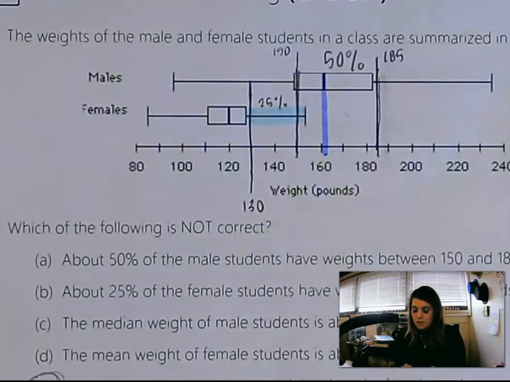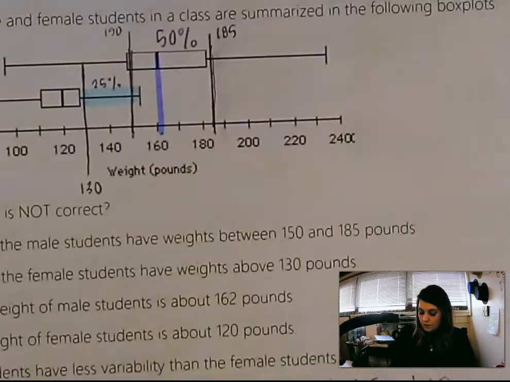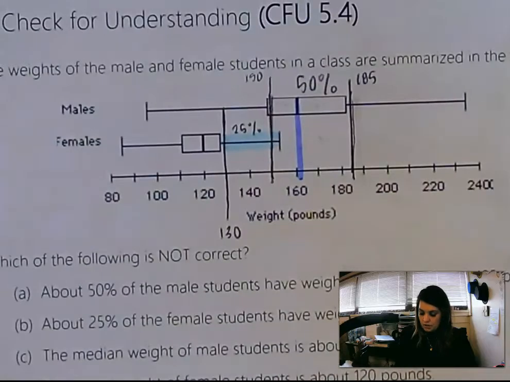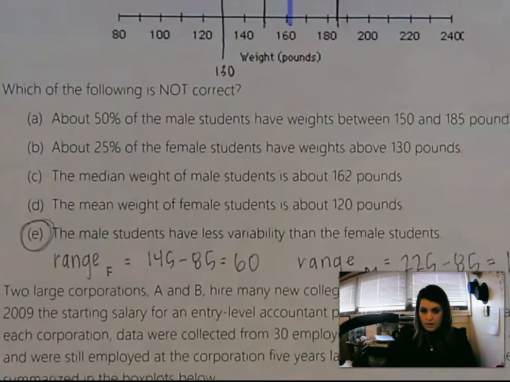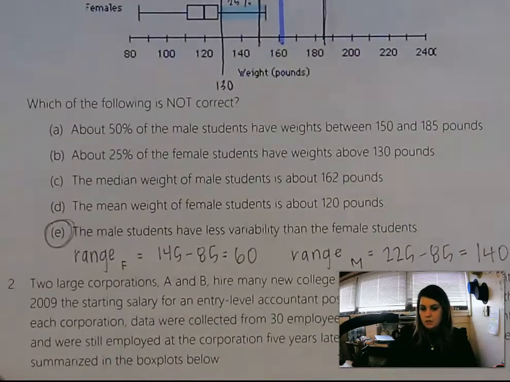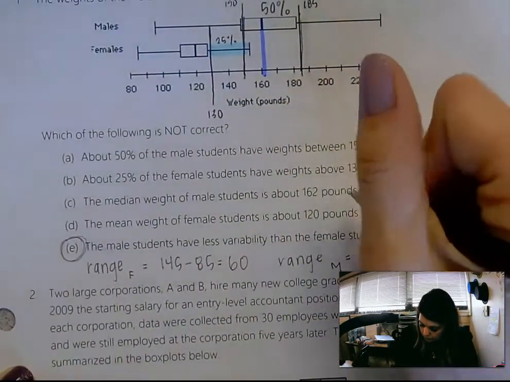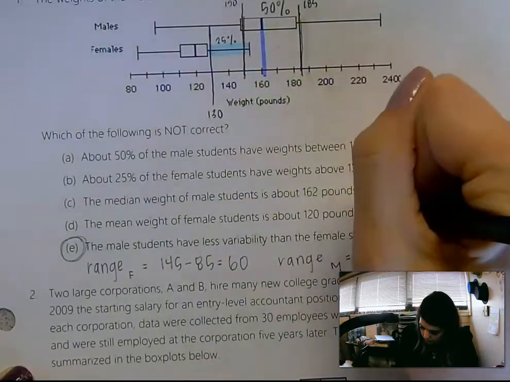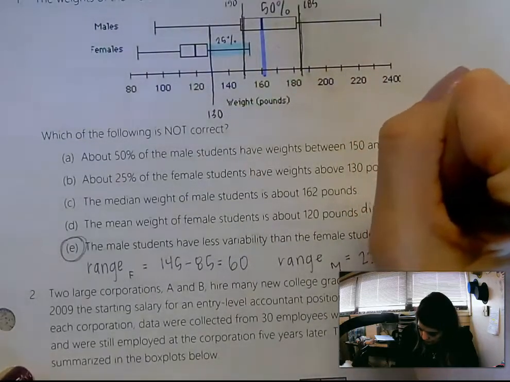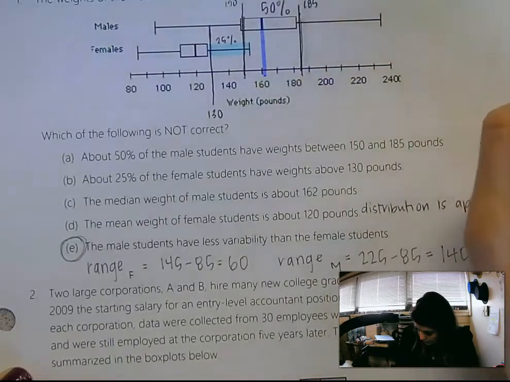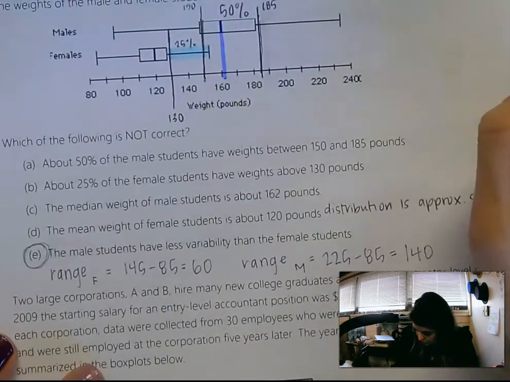The mean weight of the females is about 120. Well, the female distribution is approximately symmetric.